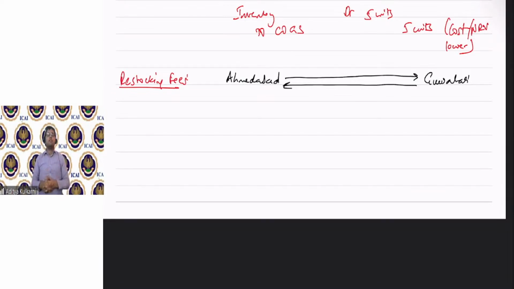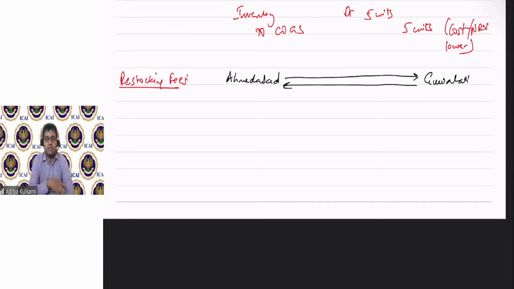Ahmedabad supplier removed it from his stock and transported it to Guwahati. The Guwahati customer did not like it and pressed the button for return. Return comes with criteria. If you want to return any goods, you will have to pay some minimal charges.